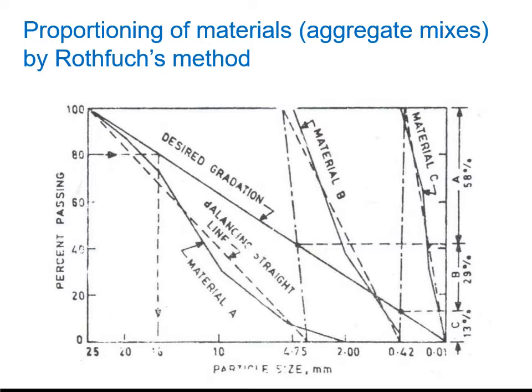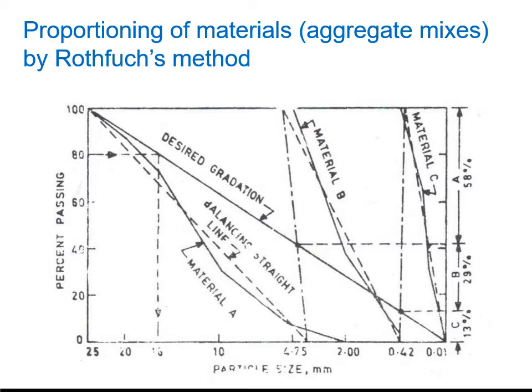In today's presentation, I will be discussing proportioning of materials by Rothfuch's method. This method may be used when a number of materials have to be mixed, maybe different types of aggregate samples.